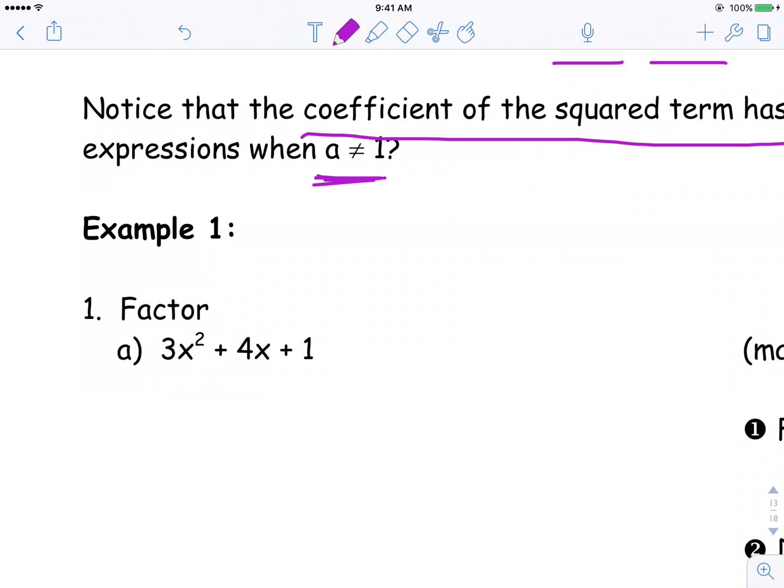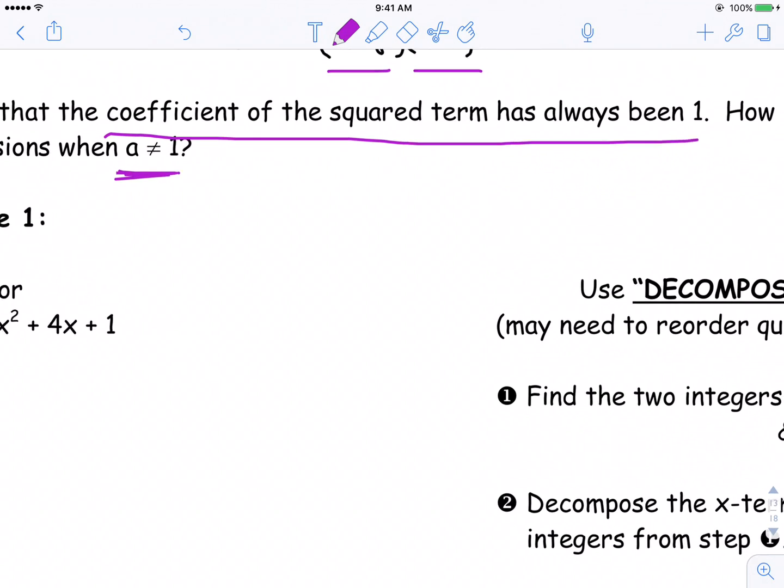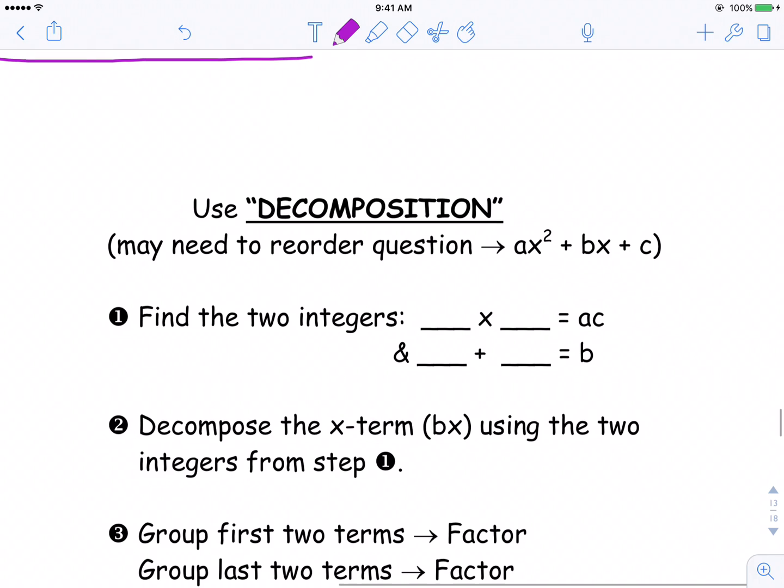We followed a similar pattern, similar process, and I've noted and listed it out over here. We're going to use something called decomposition. Okay? Make sure that you reorder the question into this order, otherwise it's going to mess you up a little bit. So I rearrange my equation so that it's ax squared plus bx plus c, so x squared, then x, then the constant, and rearrange it. It'll just make things easier.